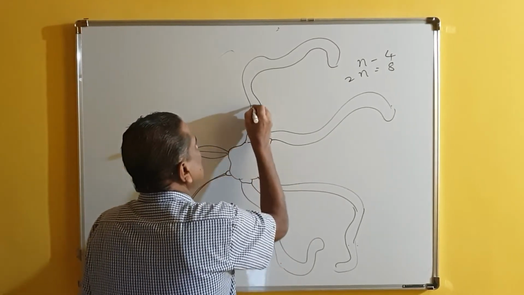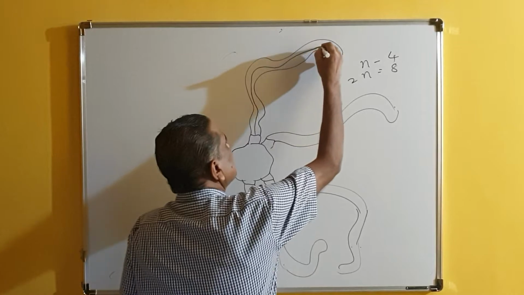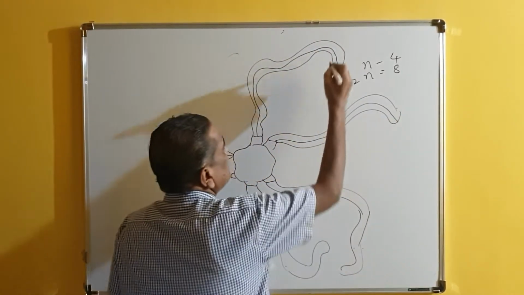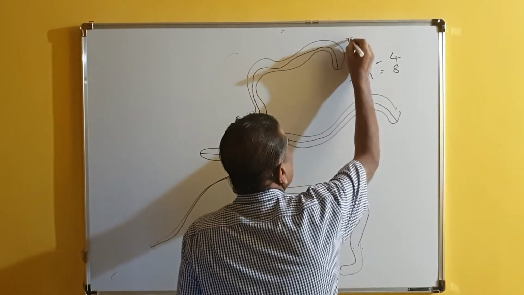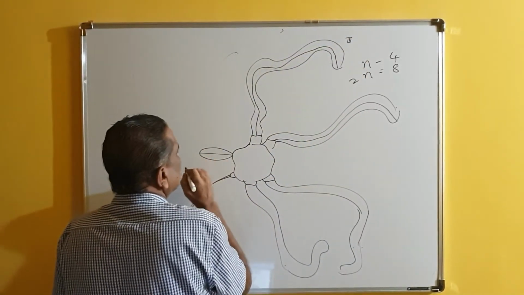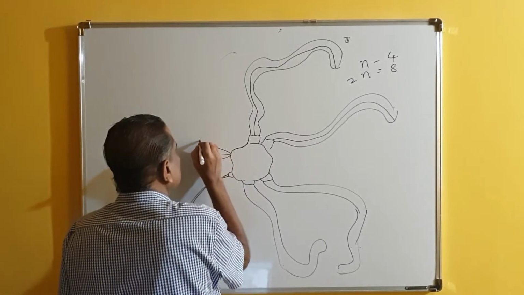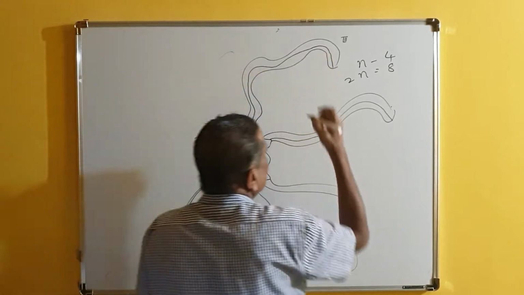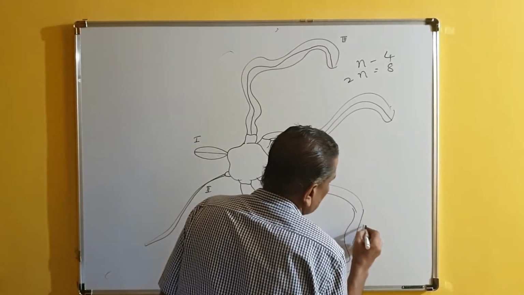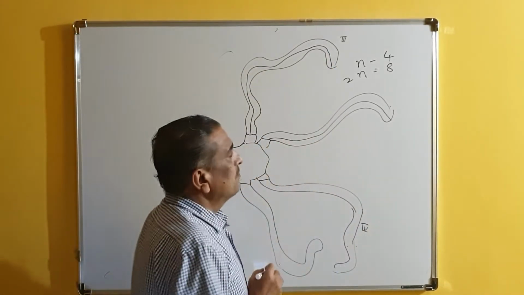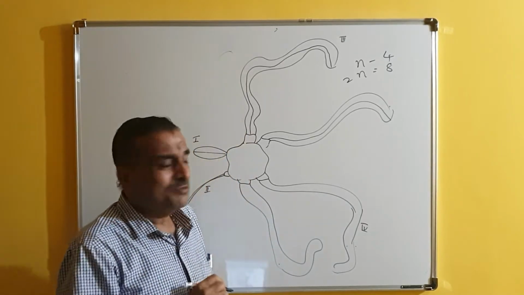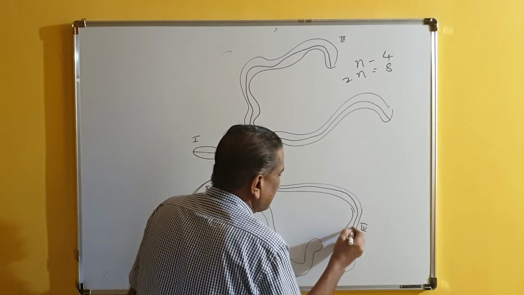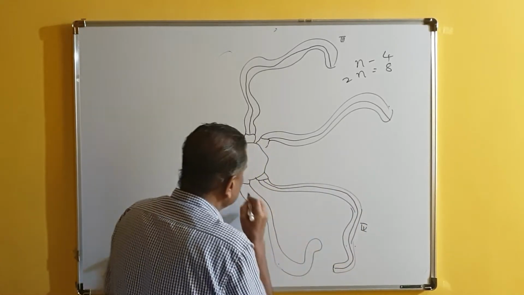You can call this the first chromosome, this the second chromosome, this the third chromosome, and this the fourth chromosome. But in the beginning I told you there are 8 chromosomes, and we are observing here only 4 chromosomes. So I will draw the diagram here to clarify the doubts.